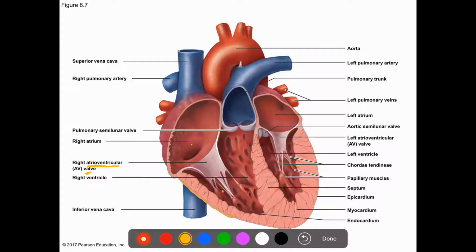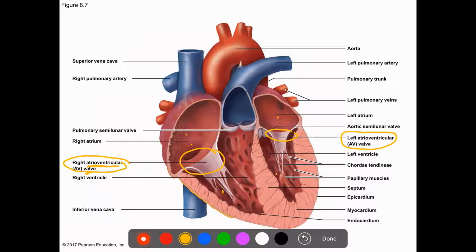So we have the right atrioventricular valve, which is this one, and we have the left atrioventricular valve, which is this. The right separating the right atrium from the right ventricle, and the left separating the left atrium from the left ventricle.